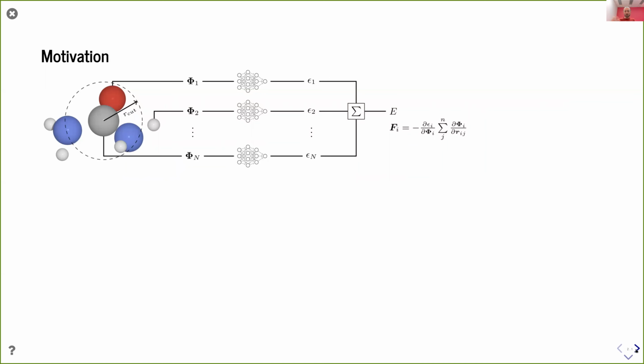A typical neural network setup that might be used for this is to partition the energy into atom-centered parts, sort of like little blocks to make up your structure, with a cutoff sphere around each atom, and you'd predict the local energy contribution for that collection of atoms within that sphere.